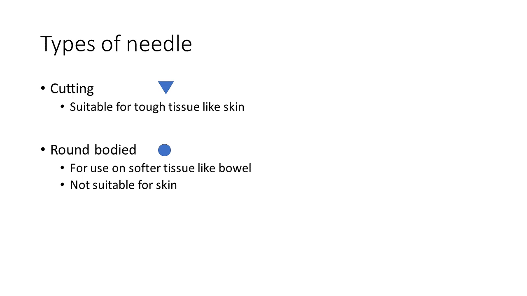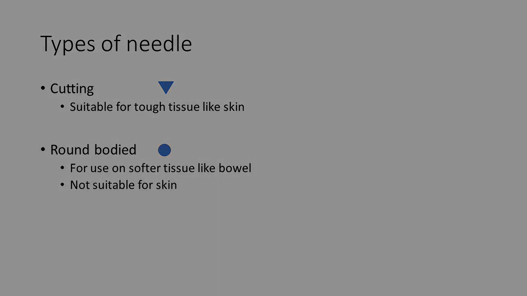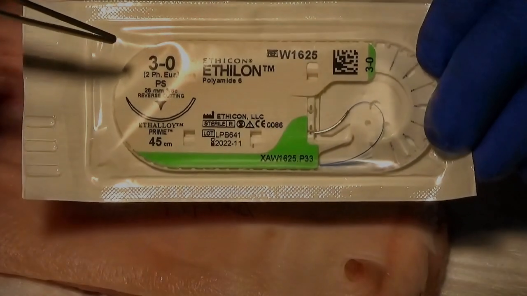It's denoted by a triangle, and it's suitable for very tough tissues because it essentially has a knife on the end of it and will cut through. Round-bodied needles are denoted by a circle, and this shouldn't be used on skin because it's really too tough. Round-bodied needles are for use on softer tissues like bowel.